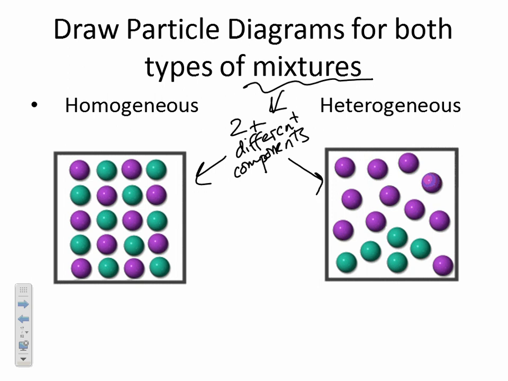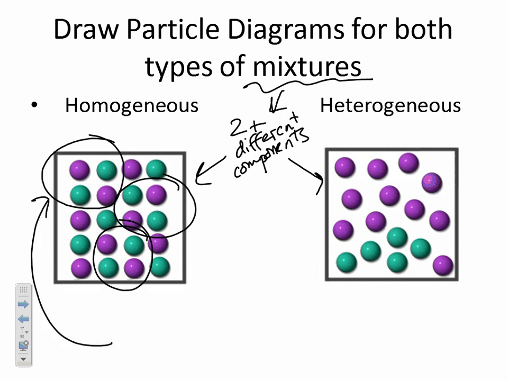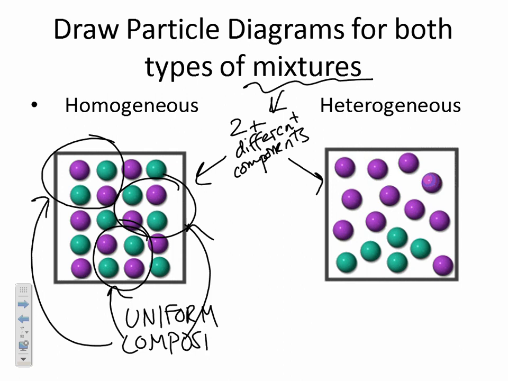However, if I look at this bit right here in the homogeneous mixture, I've got two purples and two greens, and then another bit right here, two purples, two greens, and another bit right here, two purples, two greens. I have the exact same composition throughout the mixture. It's uniform. It's the same throughout. That's that prefix homo, meaning the same.